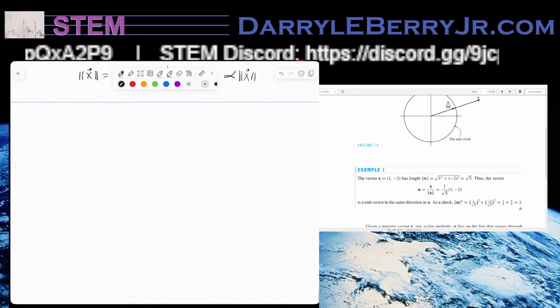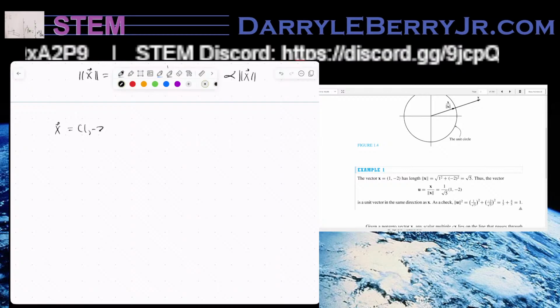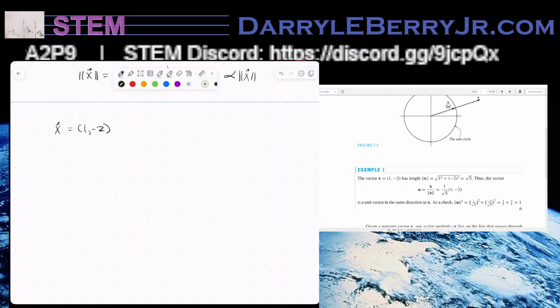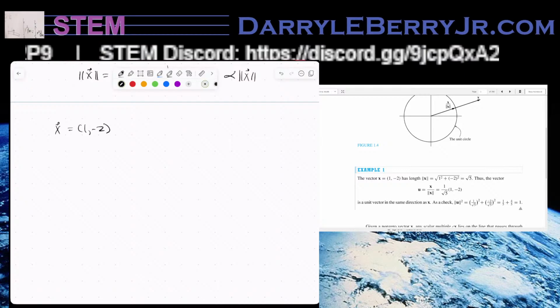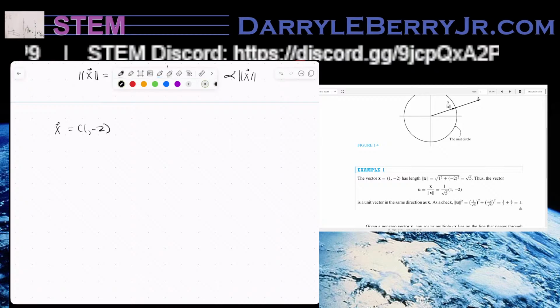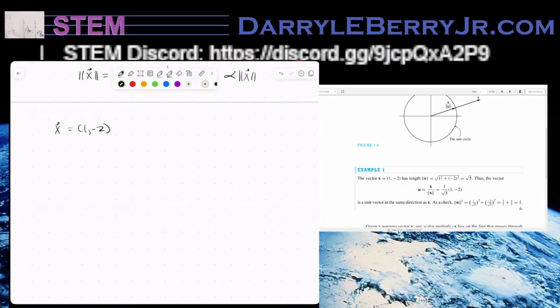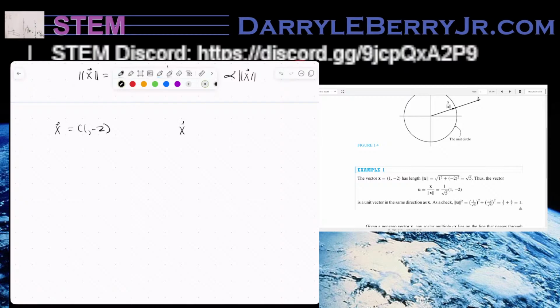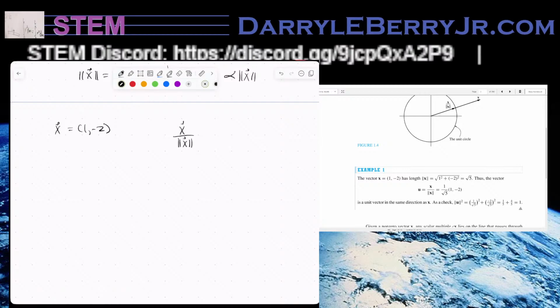So the book has the example x equals 1, -2. So this vector is in a certain direction. It has a certain length, whatever it is, in a direction with the length. So we divide that vector by its length, and all you're left with is a direction.